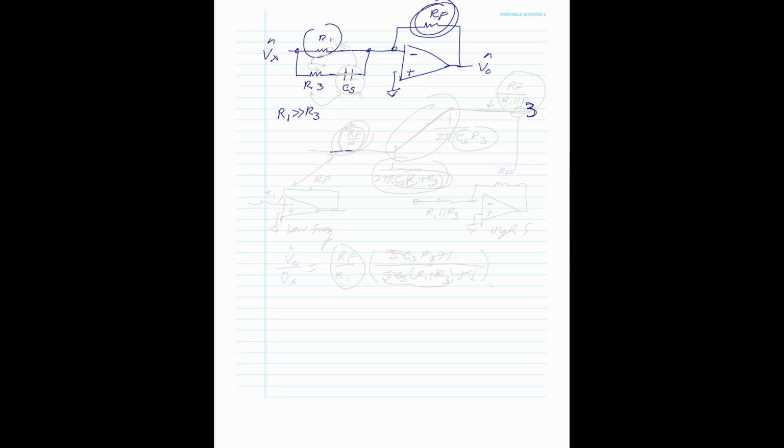So at low frequency, you have the gain RF over R1. Now what happens is, just like before, this capacitor reactance starts to hit this first because, like I said, R1 is much greater than R2. So this impedance, CS impedance, is going to reach R1 first. When it does, it moves up. And that's 1 over 2 pi CS R1.